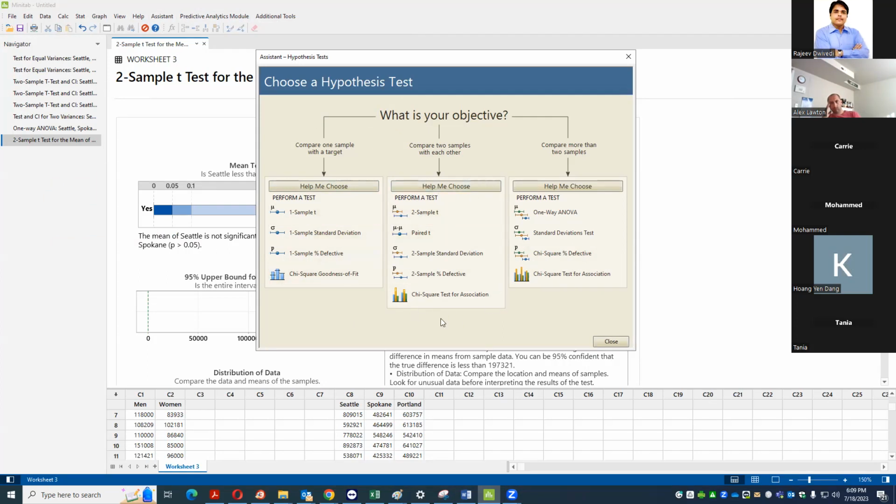Then you have more than one sample, so one way ANOVA. In fill in the blanks or MCQ, you also have questions related to paired sample and proportion.